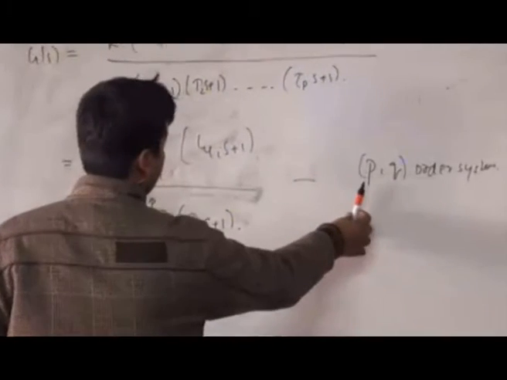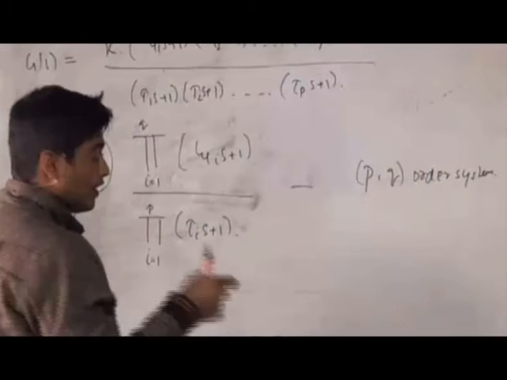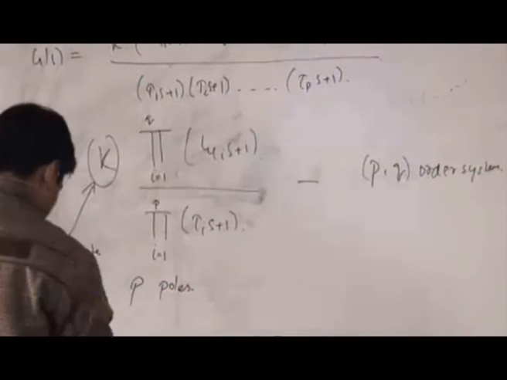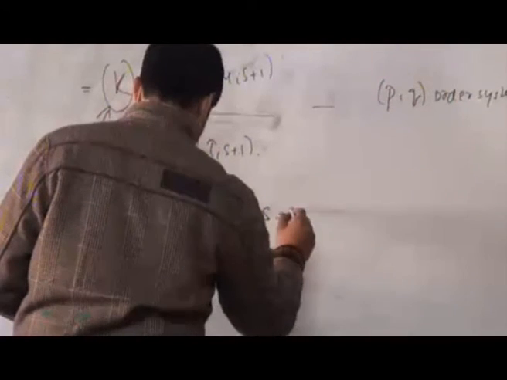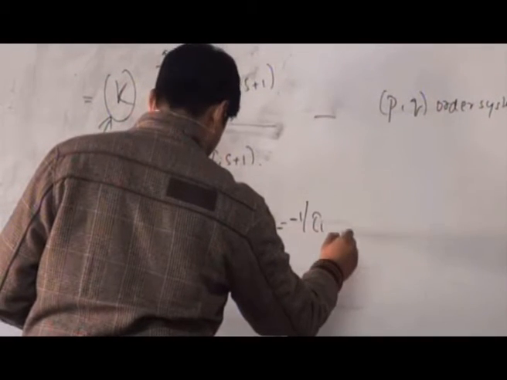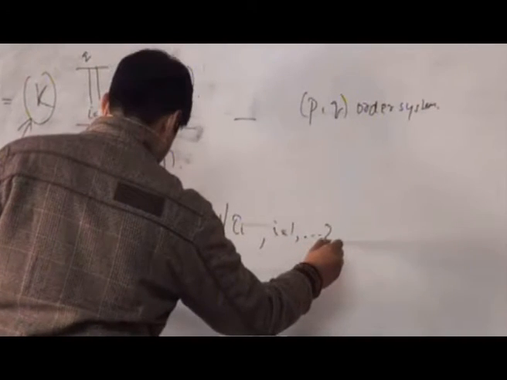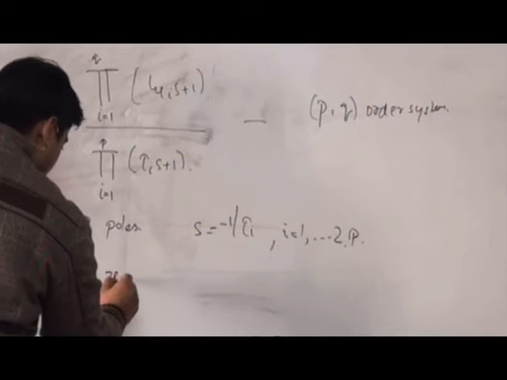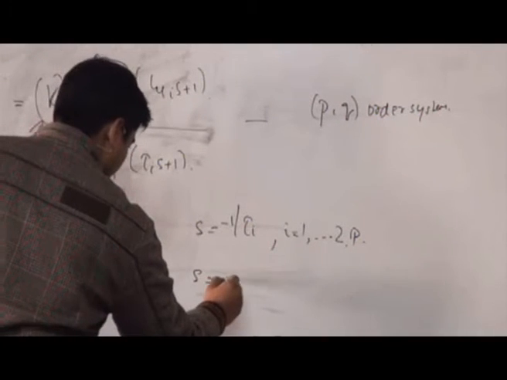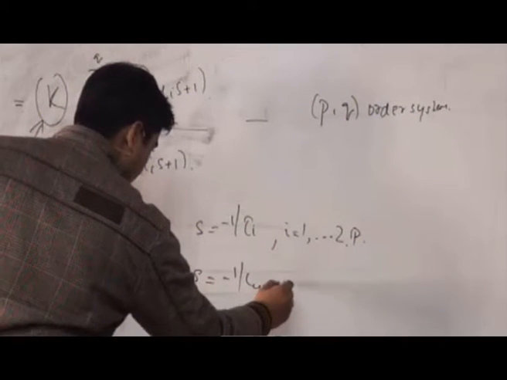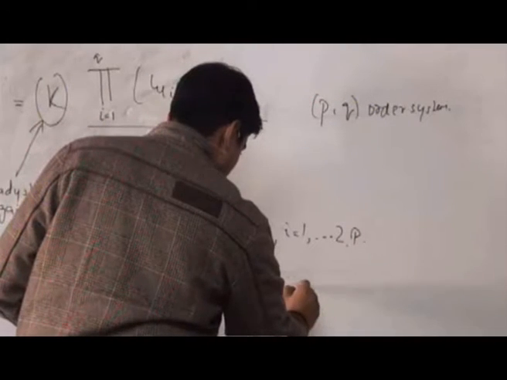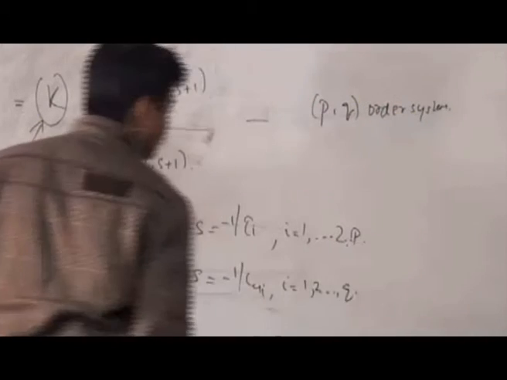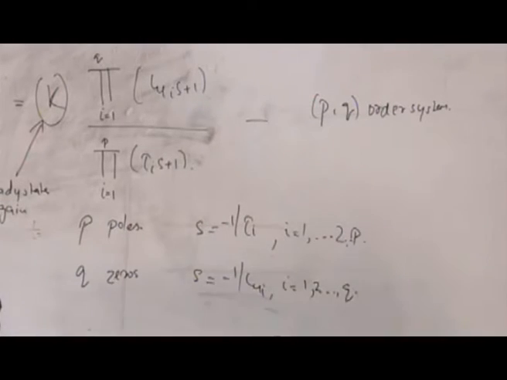Of course, if the order of the system is P, I will have P poles located at... where I varies from 1 to P. And similarly, I will have Q zeros located at -1 upon Zi, where I is equal to 1 to Q. Okay.